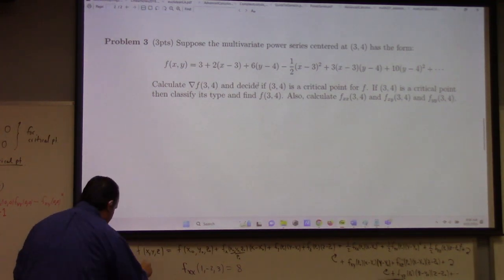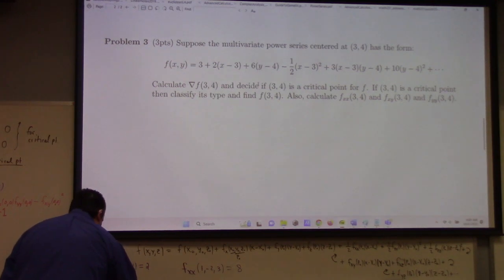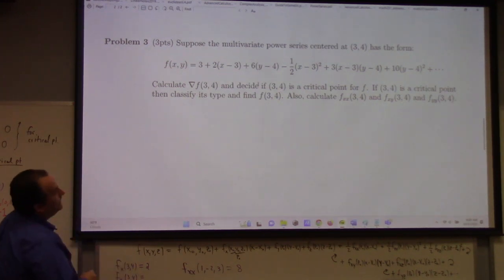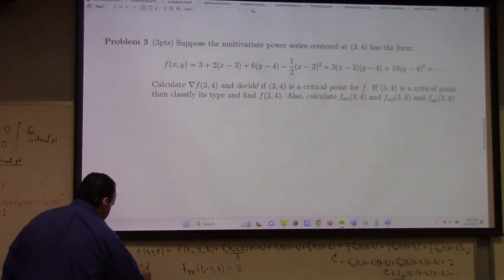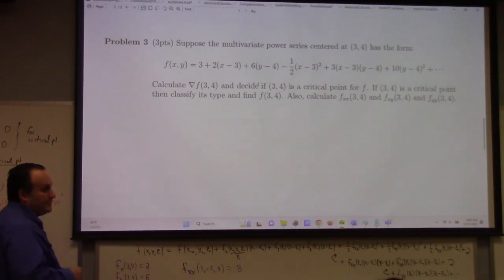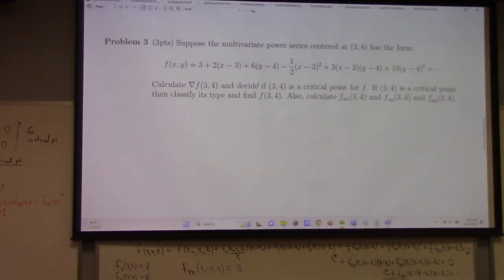And what's f sub y of 3, 4? It's 6. So is this a critical point? The gradient's non-zero, so the answer is no, not a critical point. Which means that the graph is not at a max or a min or a saddle. It's just kind of going some kind of slopey way.